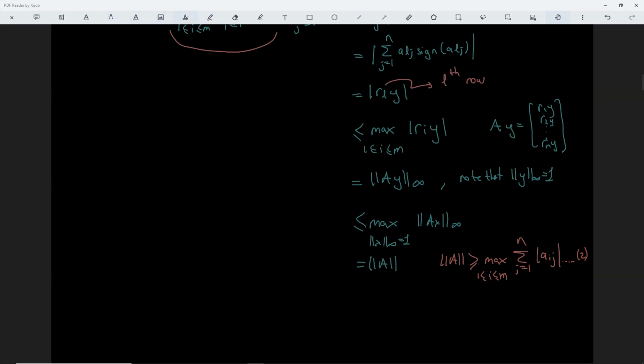So then I can conclude that from equations 1 and 2, the induced norm of A is equal to the max over i of the summation over j from 1 to n of the absolute value of a_ij.